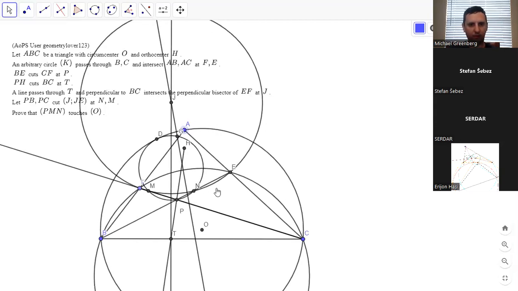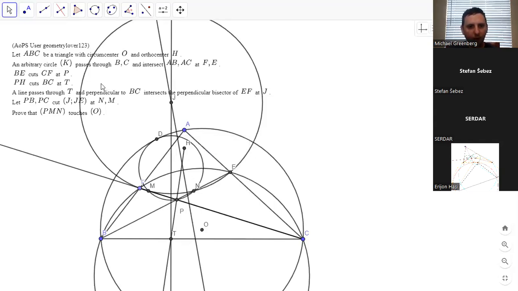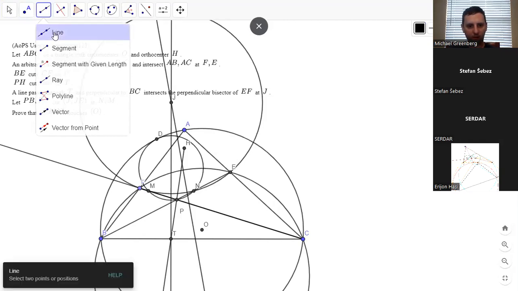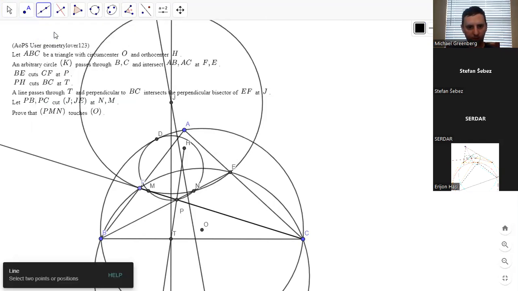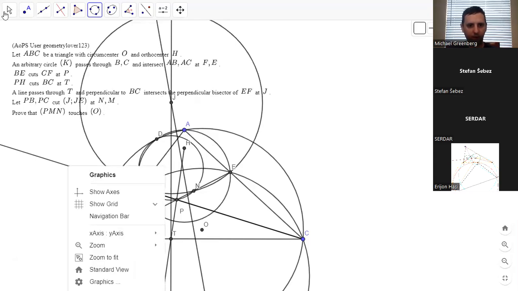I found the special point. Oh yeah? D lies on circumcircle AEF. Okay. So let's hide some stuff that we don't need.